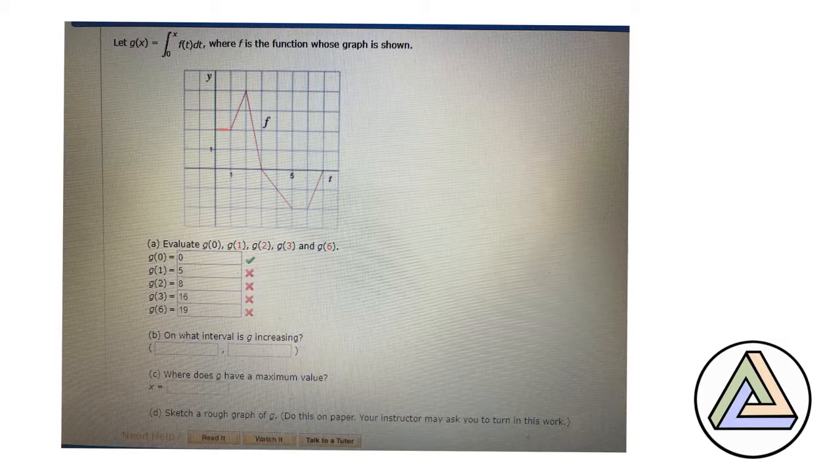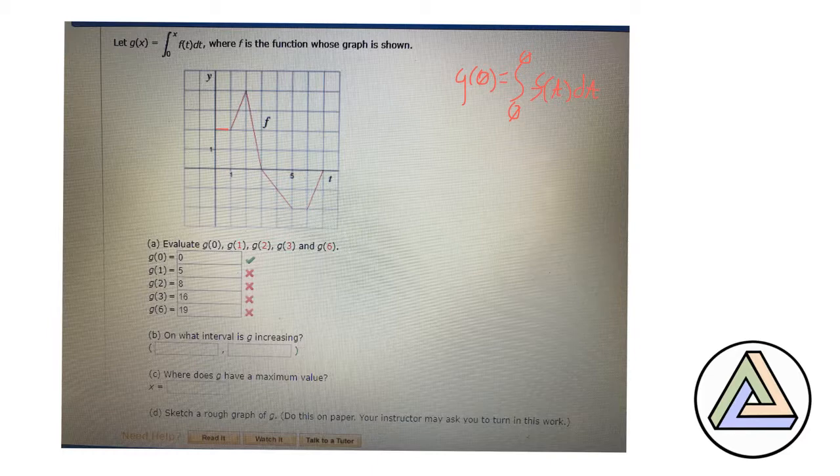So anyway, the reason why it's definitely true that g of 0 equals 0 is because g of 0 is to say the following. The bottom line is, it doesn't even matter what the function is.